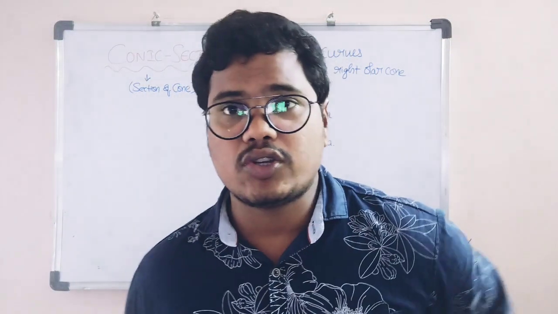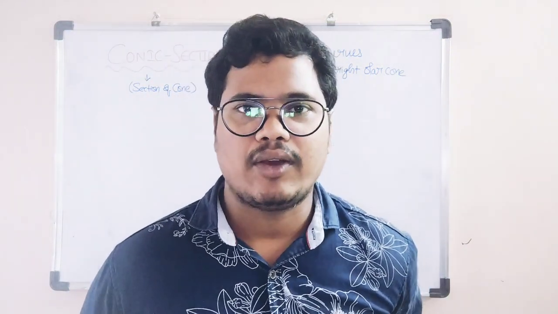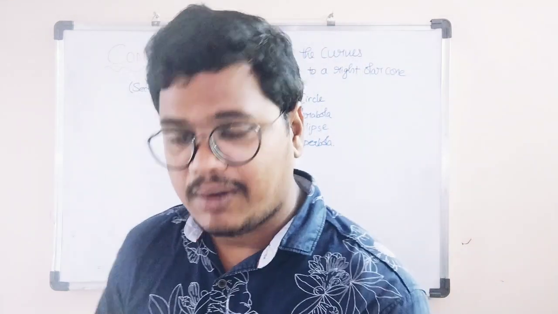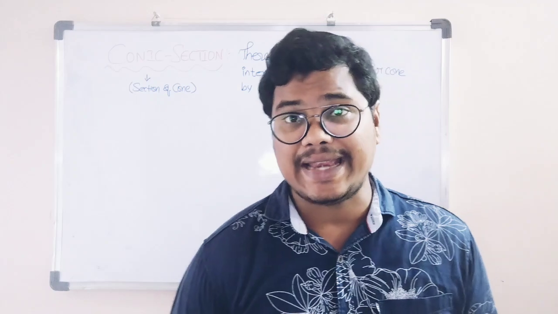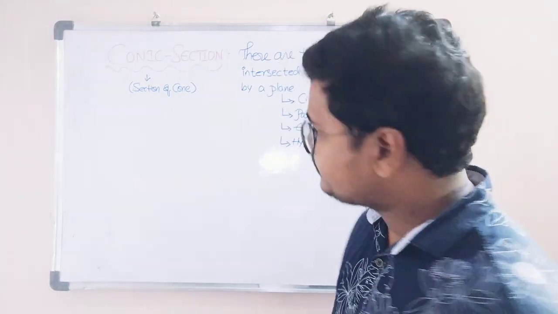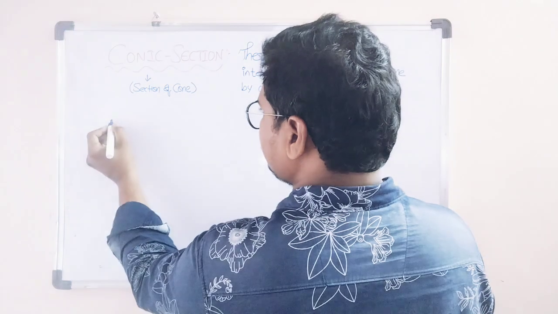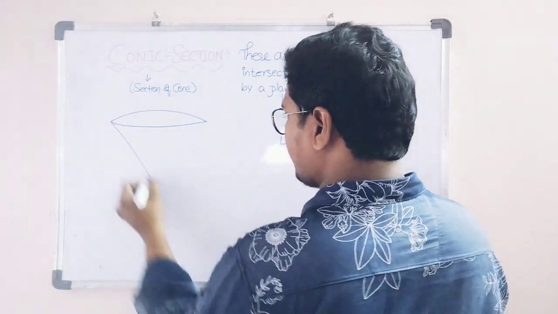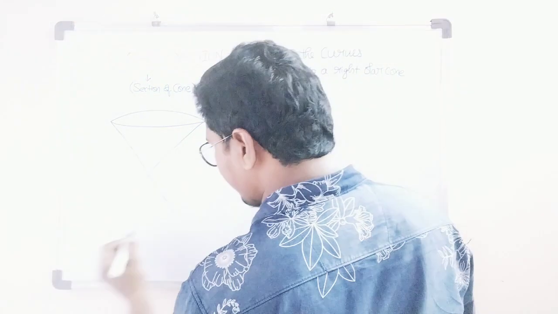Let us see the degenerate conics now. Coming to the degenerate conics, first of all, please draw a double napped cone. I am going to draw a double napped cone like this.